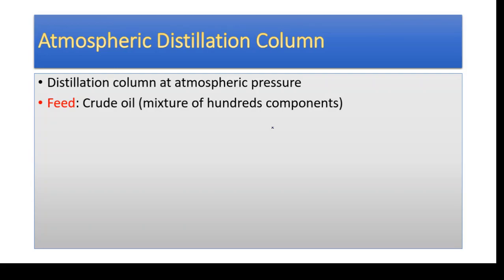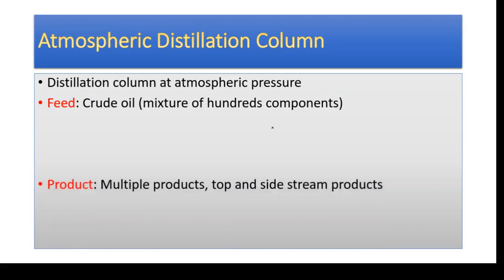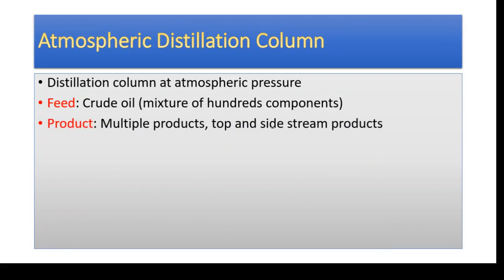So that's why this is a very unique type, because we don't know exactly the number of components in this one, in contrast with the conventional distillation column, where we know the number of components available in the feedstock. As far as the product is concerned, there are multiple products, not only from the top and bottom, but side products are also there. That is a new thing as compared to the conventional one.